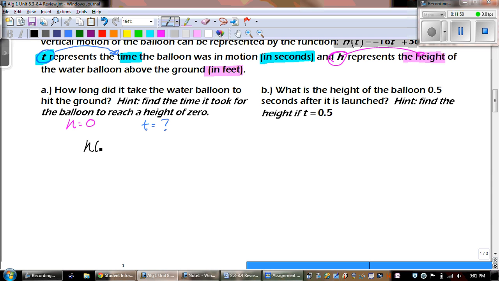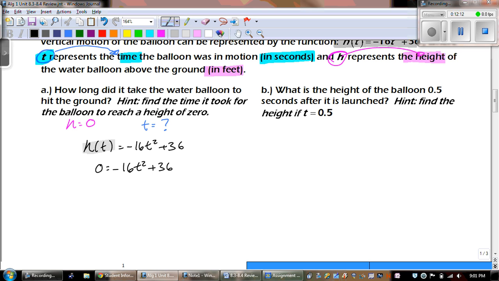So here's our formula: h of t equals negative 16t squared plus 36. Our height is 0, so 0 equals negative 16t squared plus 36.